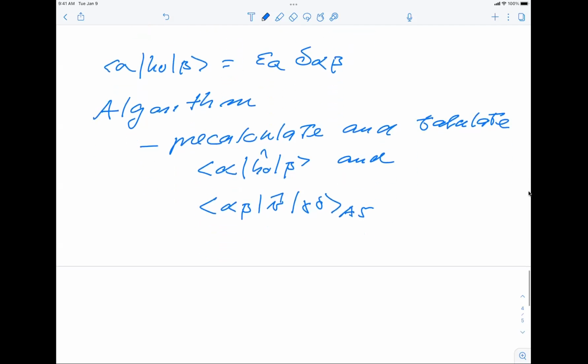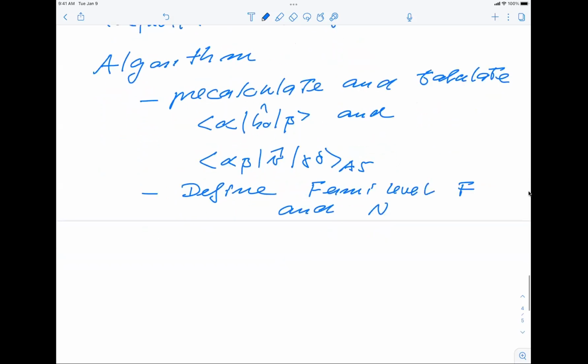And then you need to define how many particles you have. So you need to define the Fermi level, F, and that defines also the number of particles. You can always define the Fermi level in terms of the lowest lying occupied states. And then you would have an iterative procedure.